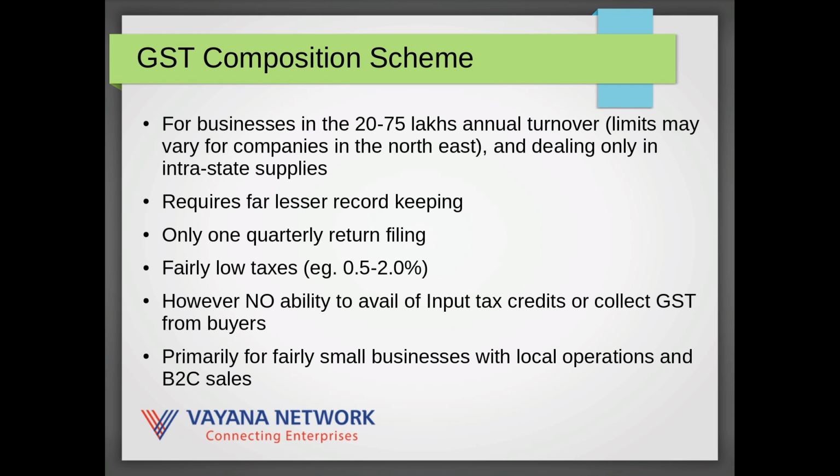But this is an option available if you don't want to take on the onerous burdens of record keeping and filing. Do note there are turnover limits. So a business over 75 lakhs annual turnover or dealing in interstate supplies will not be able to opt for the composition or the compounding scheme.